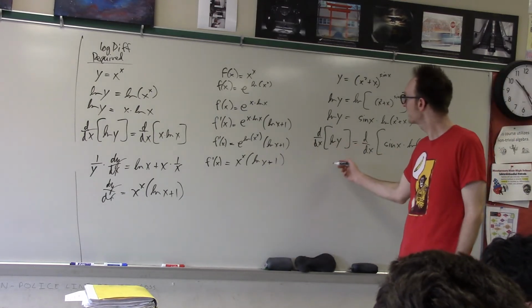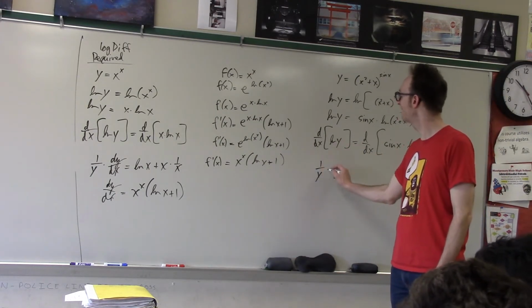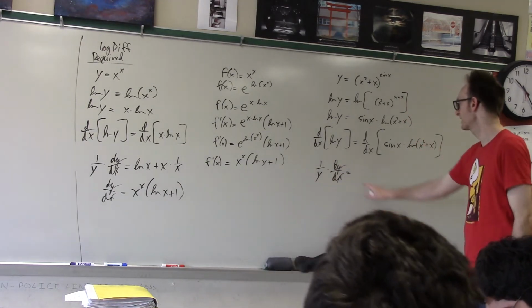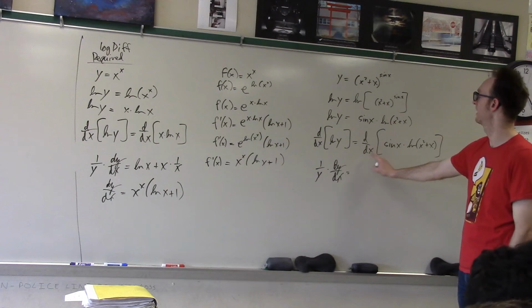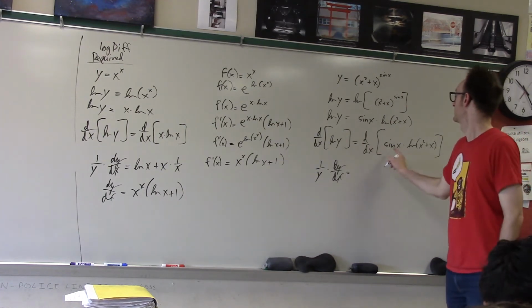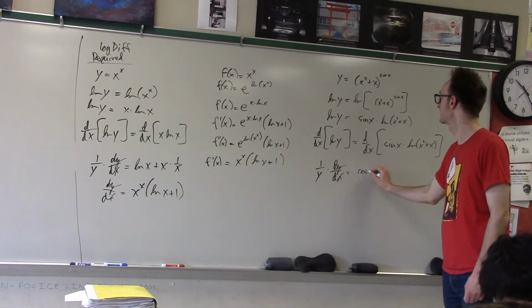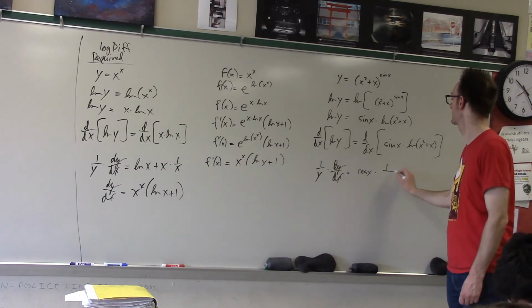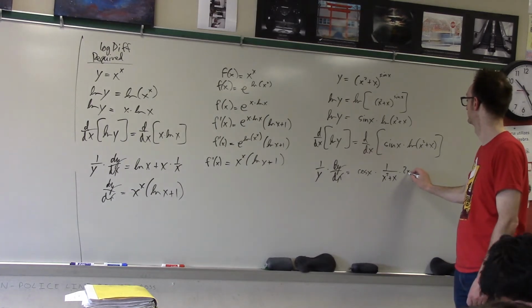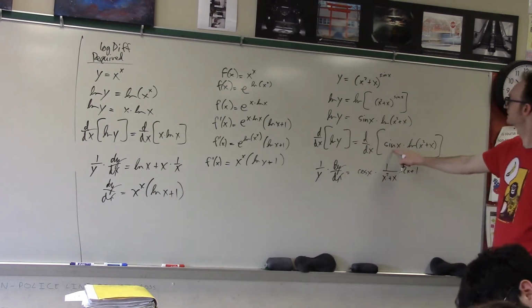Derivative of ln y is 1 over y, back inside dy dx. And here we just do it like normal. So that's going to be cosine times... this problem sucks too. First, just second.